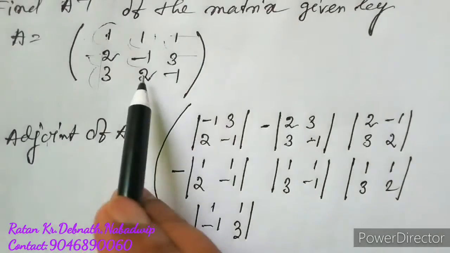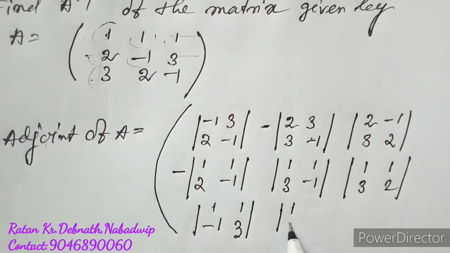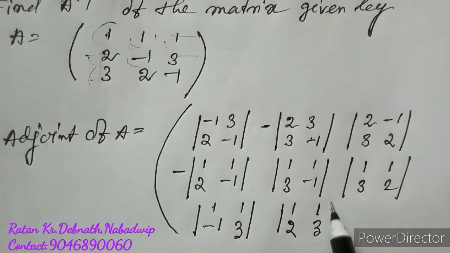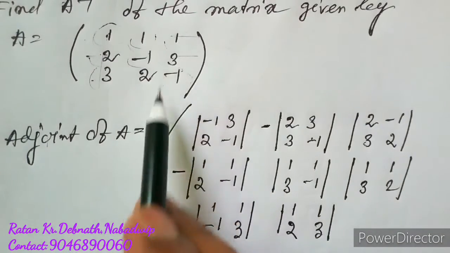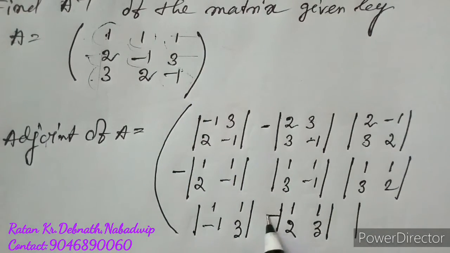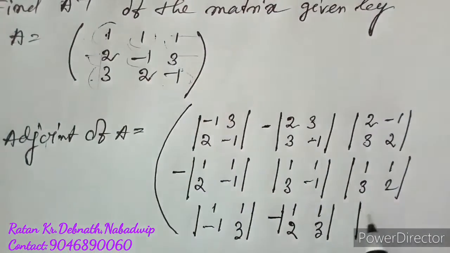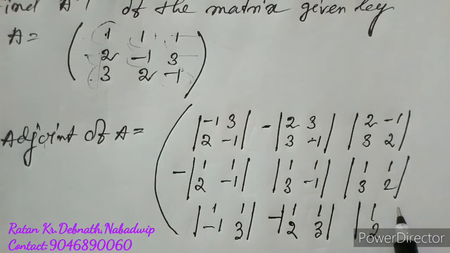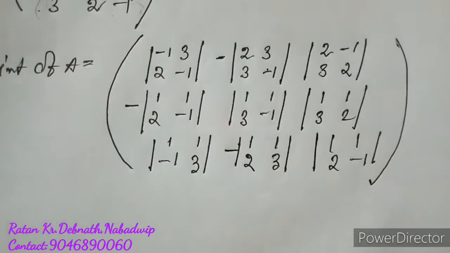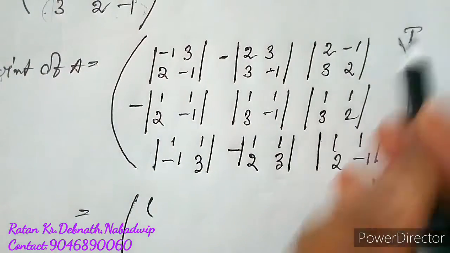Cofactor of these two, this row suppress, this column suppress, 1, 2, 1, 3. Cofactor of this -1, this row suppress, and its sign will be negative. Now cofactor of this -1, this row suppress, 1, 2, 1, -1. We have to put a transpose symbol.